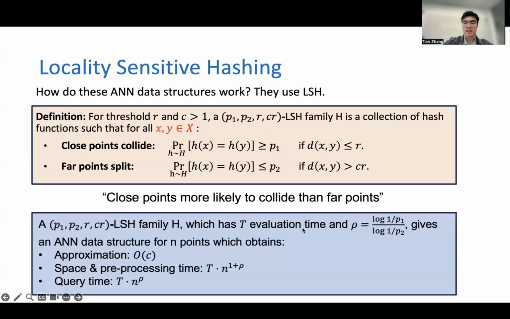So it turns out that if we have a good LSH, then we are good for the ANN problem. And if we define the quality of our LSH by rho, then we can achieve an ANN data structure with approximation C and the pre-processing time n to the 1 plus rho and the query time n to the rho. So this is exactly where the 1 over C comes from for the L1 case.